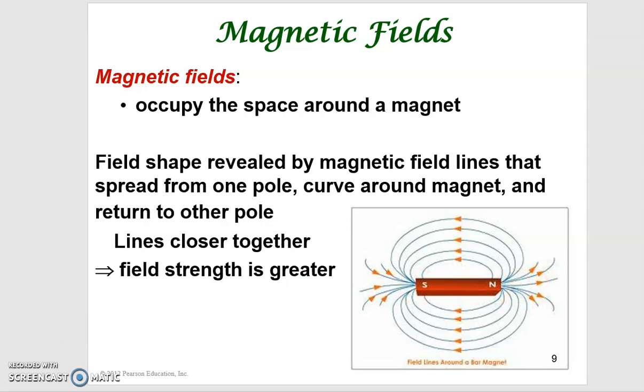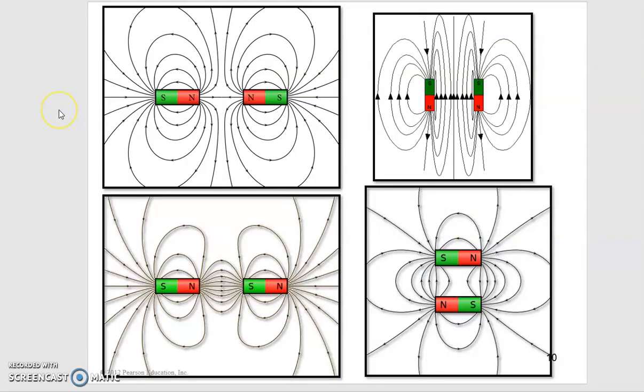Now I'm going to show you different combinations of magnetic fields, like with charges. Now you have two bar magnets. Here I show you it is north pole here, south pole here.